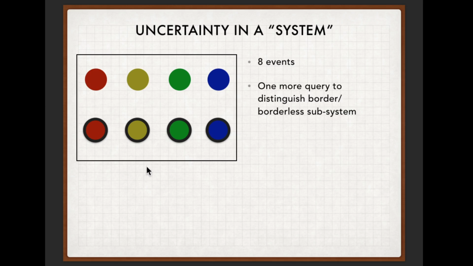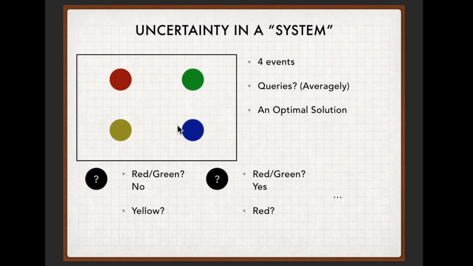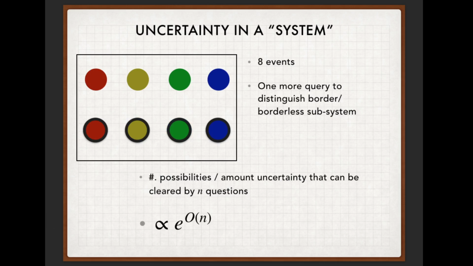Then the situation returns to the previous one. So by adding one more question, you are able to figure out the uncertainty in the system with the number of states doubled.